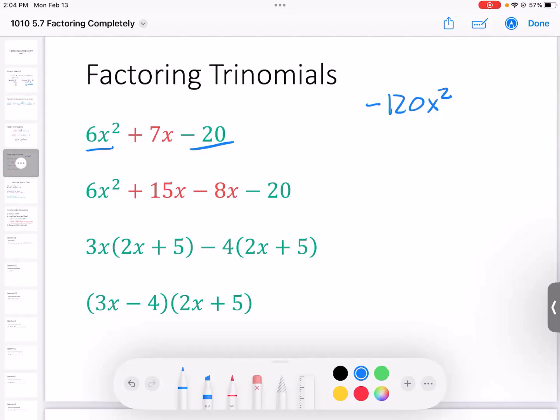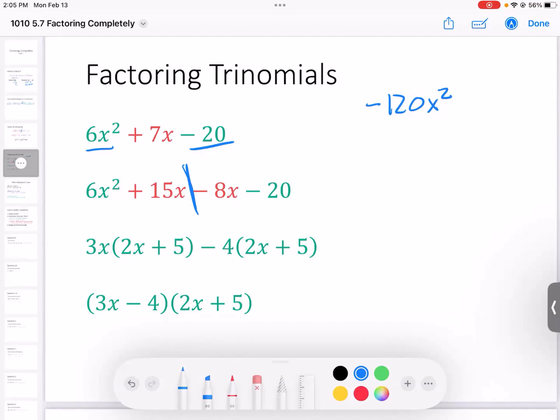And so you break up that 7x into 2 terms. And the whole point of this trinomial trick is to make it so you can do factoring by grouping. Because if you only have 3 terms, you can't really split them up into 2 groups because there's not an even number of terms. But once you break it up into 4 terms, then you can do the factoring by grouping and get it into factored form like that. So scale 1 to 5, how do you guys feel about the trinomial trick?